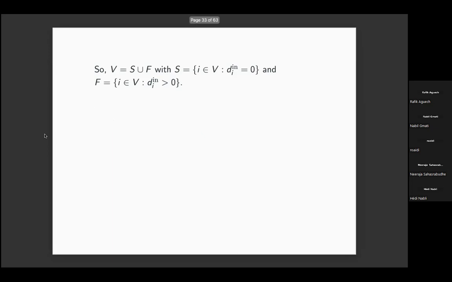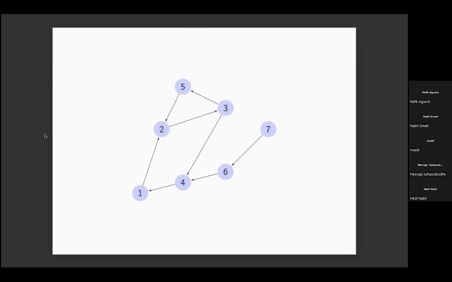Okay, just like here. So can we say that S corresponds to the transient states and F to recurrent states for Markov chain? Well, actually, for S, I don't know about Markov.